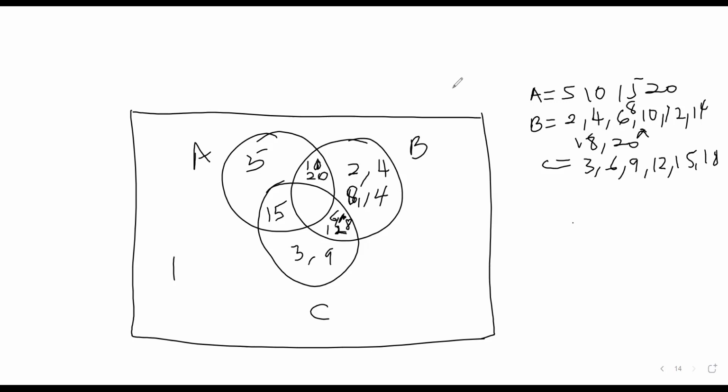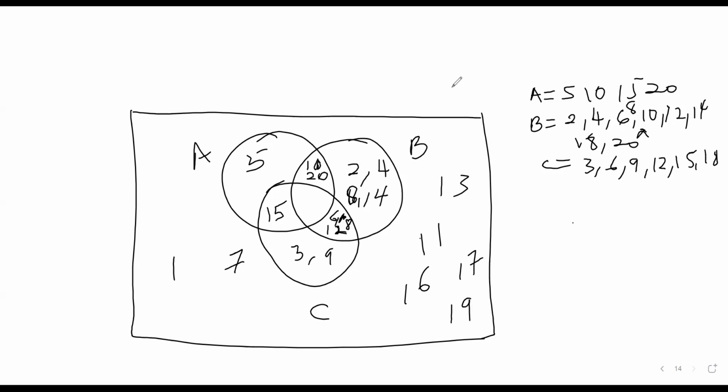So we are starting with 1. 1 is not there. 2, 3, 4, 5, 6 is there. 7 is not there. So these ones are in the universal set. 7. 8 is there. 9 is there. 10 is there. 11 is not there. 12 is there. 13 is not there. 14 is there. 15 is there. 16 is not there. 17 is not there. 18 is there. 19.